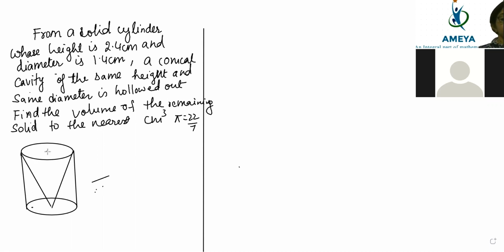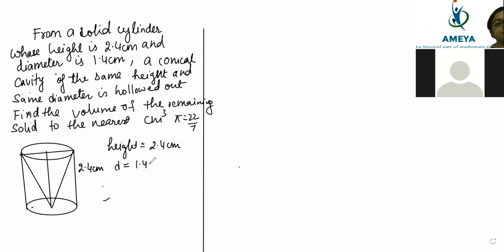This will become the height. So all the information we have now. From a solid cylinder whose height is 2.4 centimeter, so height is given 2.4 centimeter. Height of cylinder 2.4 centimeter.